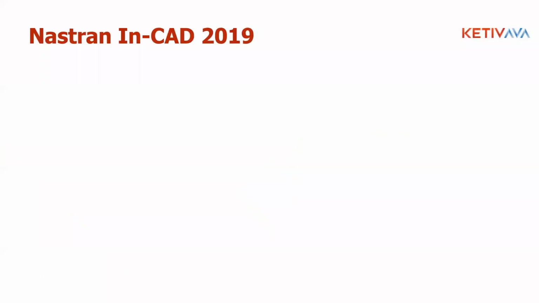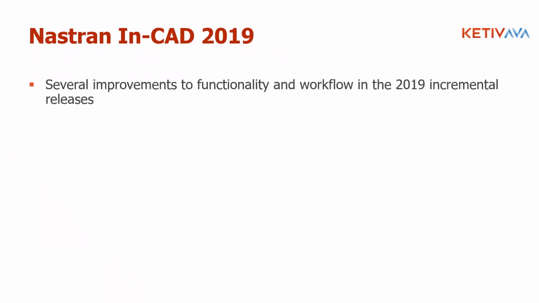So first of all, I want to talk about what was modified, what was changed in 2019. So there were several improvements to the functionality and the workflow in the 2019 incremental releases as compared to the 2019 release. So if you didn't download some of the updates that released, for example, the 2019.1 in July, you may not see some of the new features like stress linearization, for example, which you will now see in your results environment.